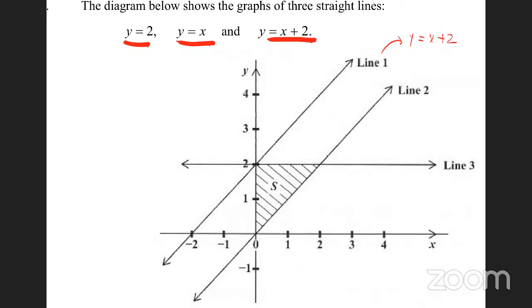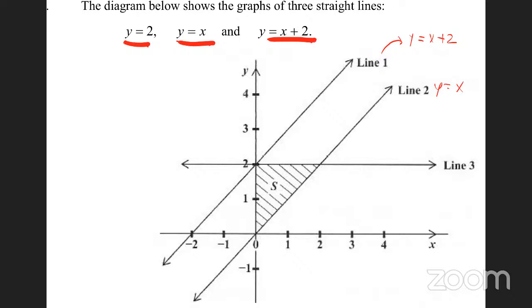Okay with that? Line 2. What's the y-intercept of line 2? 0, right? So which one is that, y equals 2 or y equals x? Y equals x has no y-intercept.